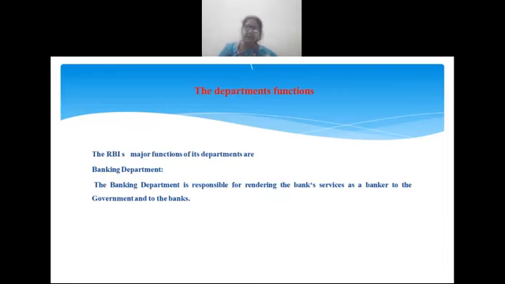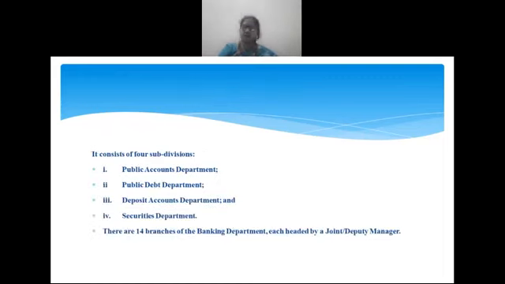The banking department is responsible for rendering the bank's services as a banker to the government and to the banks. So, banker to the bank and banker to the government; there are various functions for each. We'll see that.